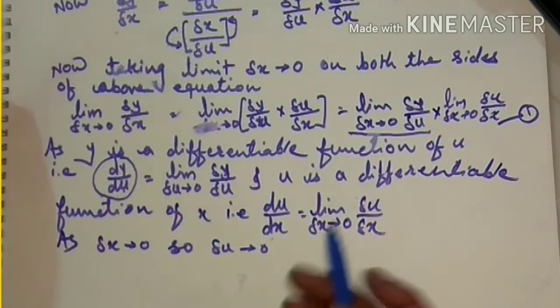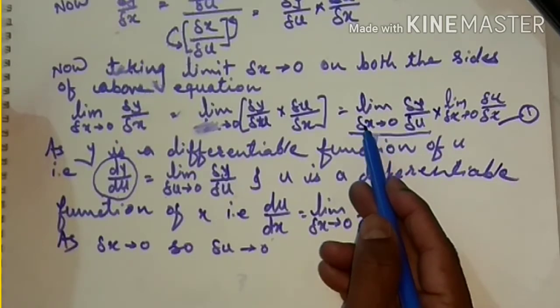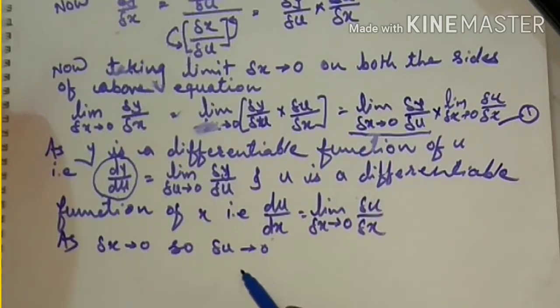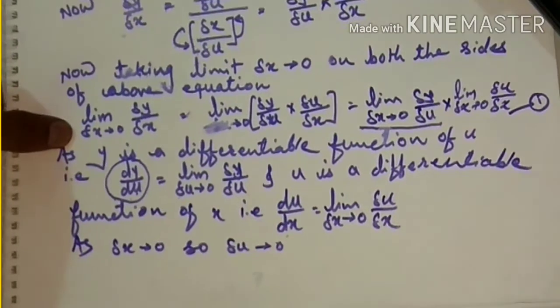So what is my work now? I will replace this delta x by this delta u. So this equation number 1 I will rewrite here.